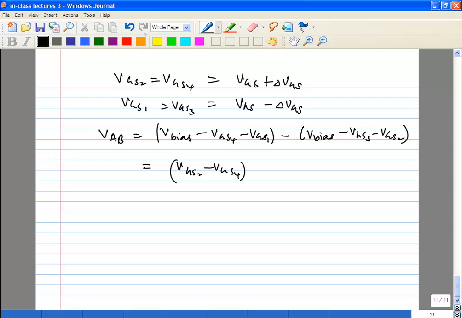So you get VGS2 minus VGS4 minus the other pair, and we know both of these are equal if the transistors are all matched. So what does this mean? You tried putting a delta I, your delta V was 0. So that means that the resistance should be 0.